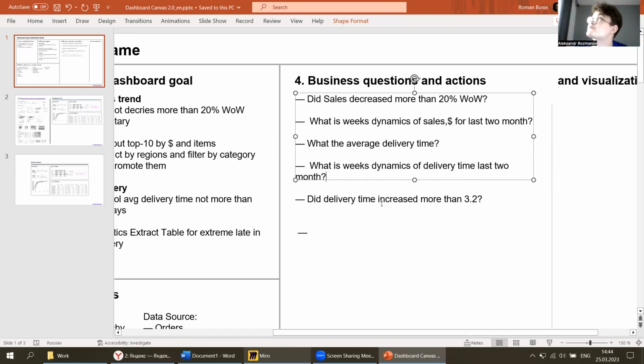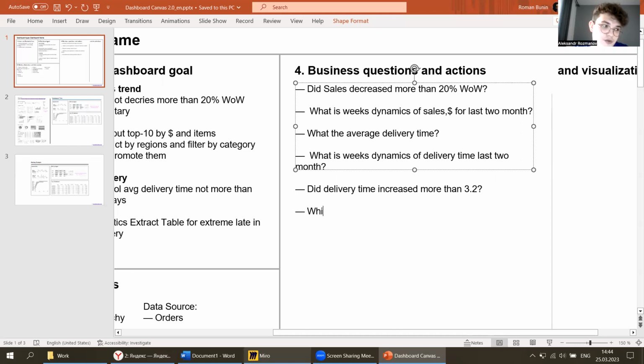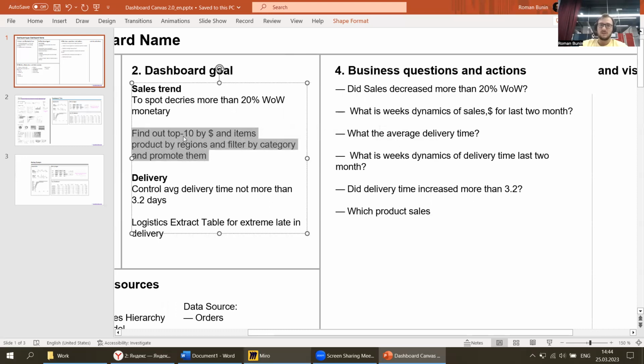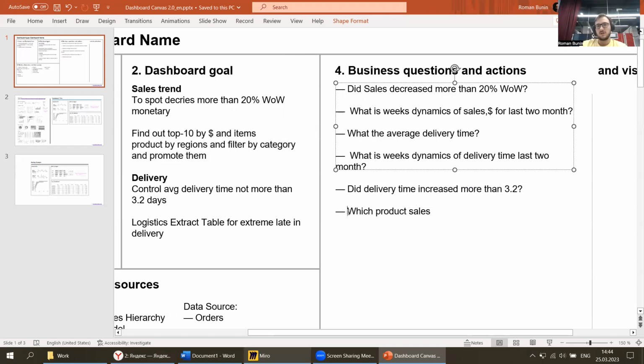Maybe, which product categories provide more profit, or which product categories sell more often relative to others, something like that. Well, we have discussed that you can't just place it at the top, just find out. It's almost an informal question.